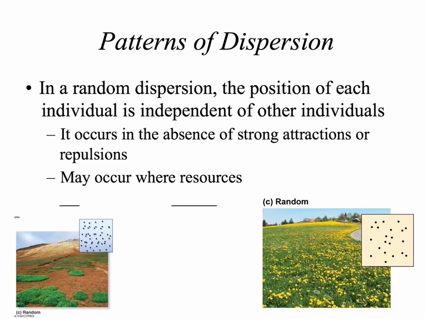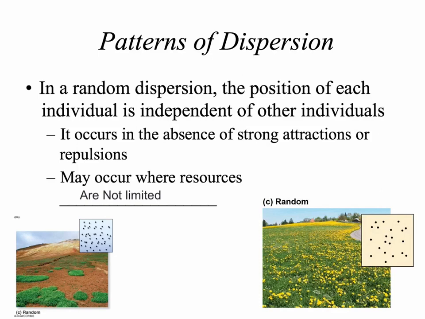The third pattern of distribution we're going to look at is random dispersion or random distribution. This is when the position of each individual is independent of the other individuals in the population. Random spacing occurs in the absence of strong attractions or repulsions. This means there's no territoriality. And also we see that the resources are not limited.